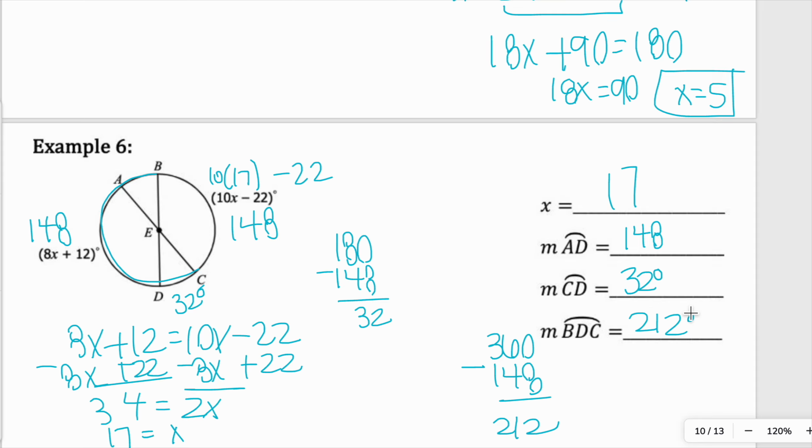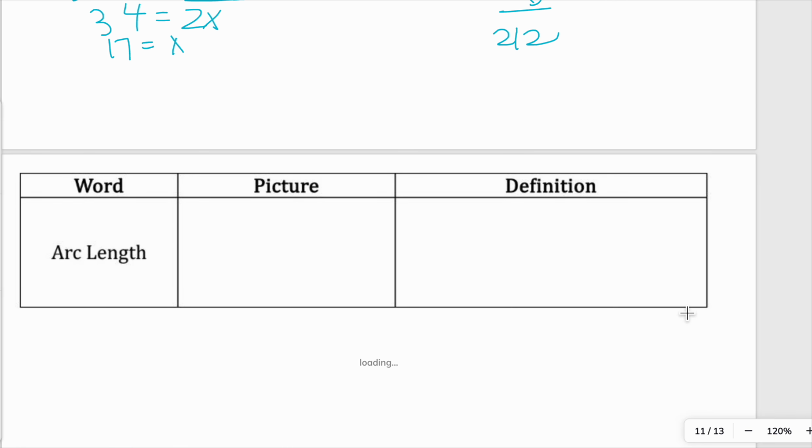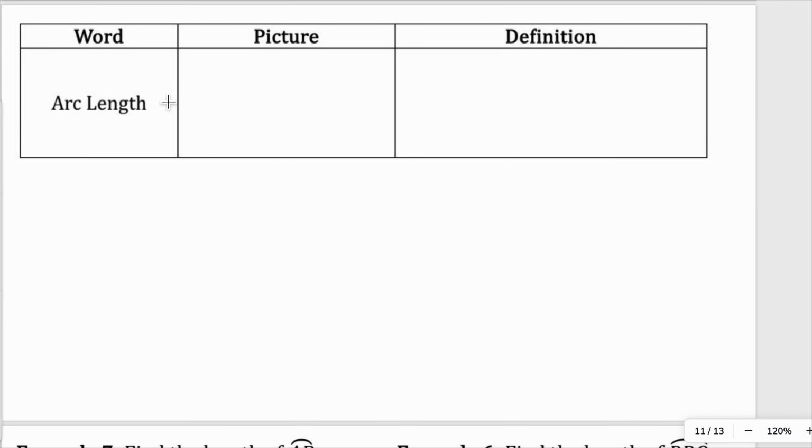There we go. All right, last we're going to work on is arc length. We can find arc length by taking the degrees out of 360 and multiplying it by the circumference, 2 pi r, where x is degrees, and r is radius.